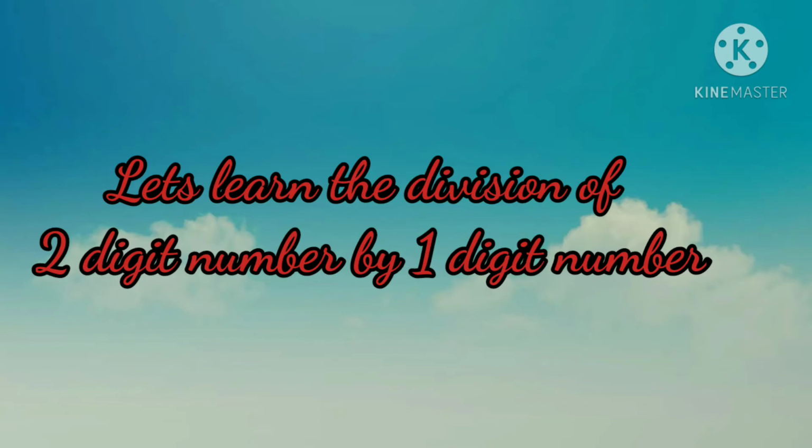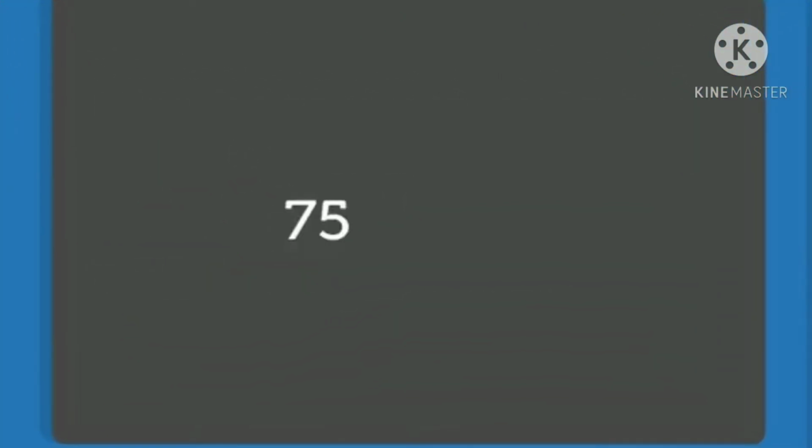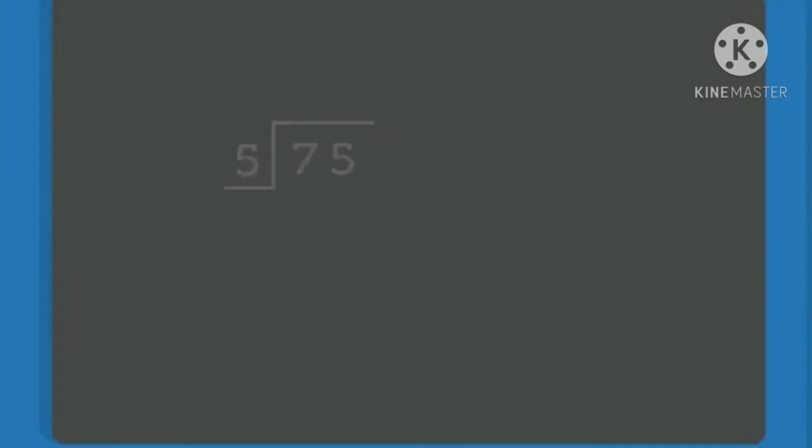Let's learn the division of a 2-digit number by a 1-digit number. What is 75 divided by 5? Children, here also you will have to follow the same 5 steps process. We start with comparing the digit in the tens place, that is 7, with 5.